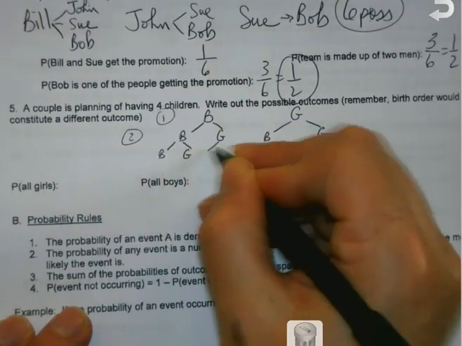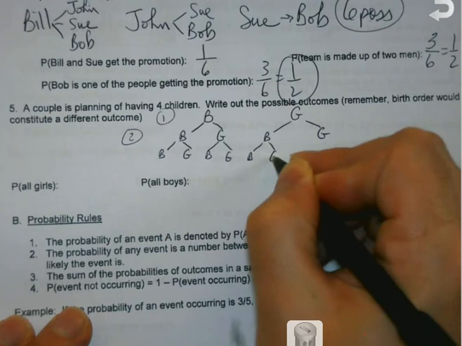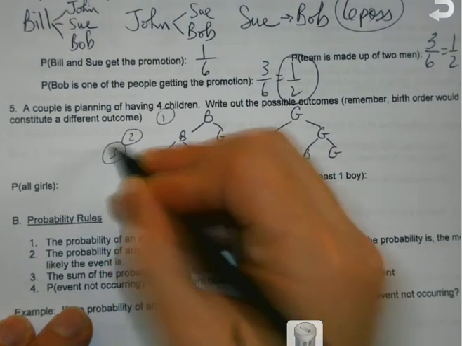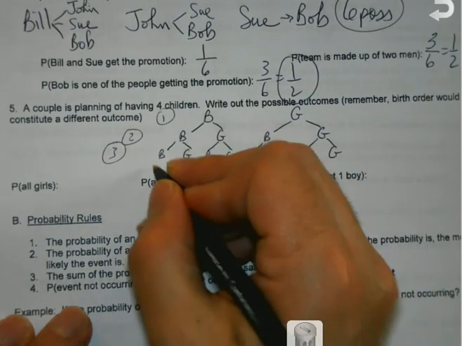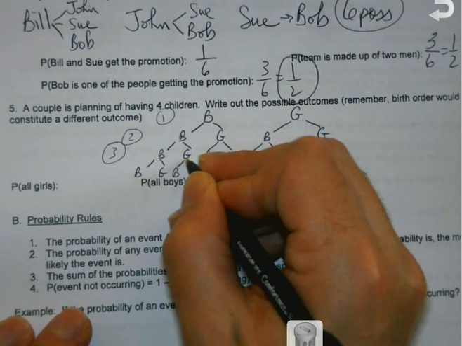Boy, girl, boy, girl, boy, girl. And you start to see what I mean when I said, luckily we're not doing this for a family of 10 or 15 or more. Because we're finally down to the end, and even with this, it's going to get congested.